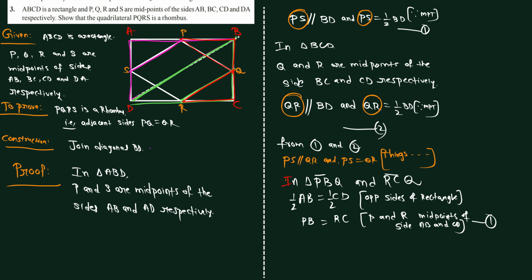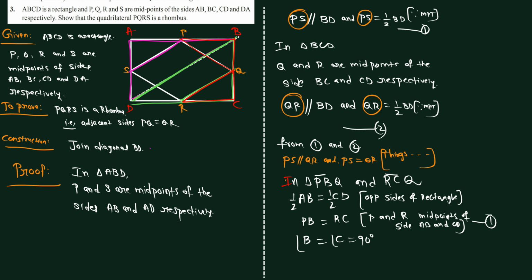Now, can I say angle B equal to angle C, which is equal to 90 degrees? Why? Because in the rectangle, each vertex angle is equal to 90 degrees. Write down here: angle B is equal to angle C, which is equal to 90 degrees.